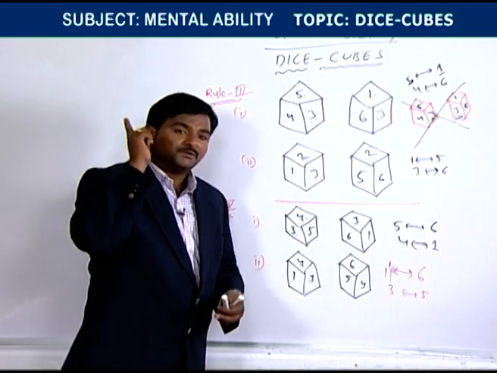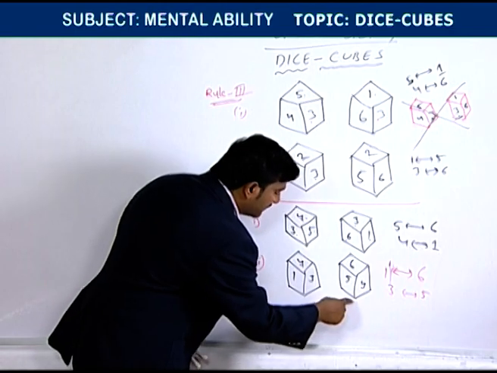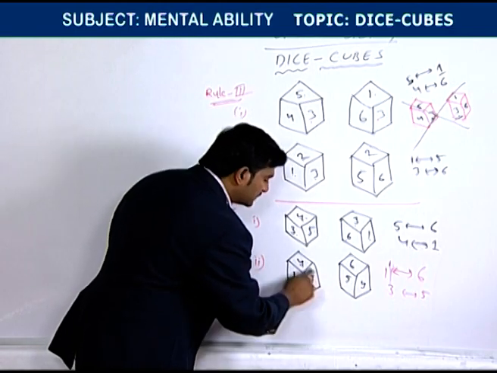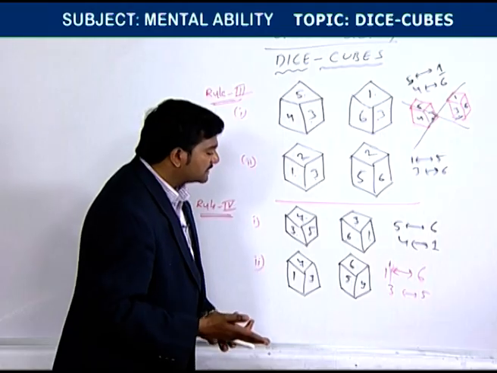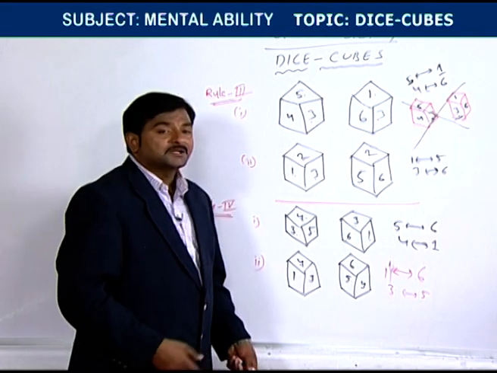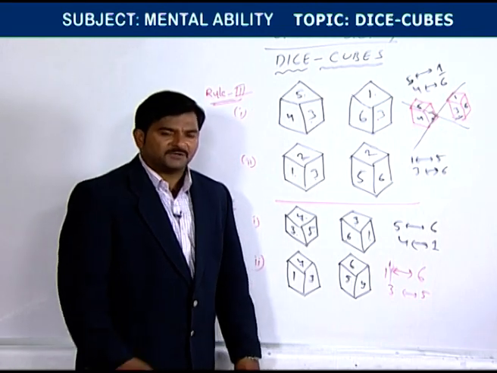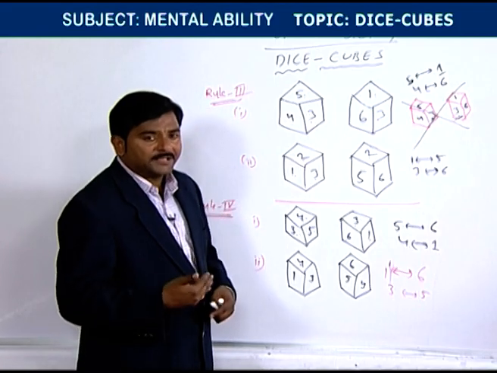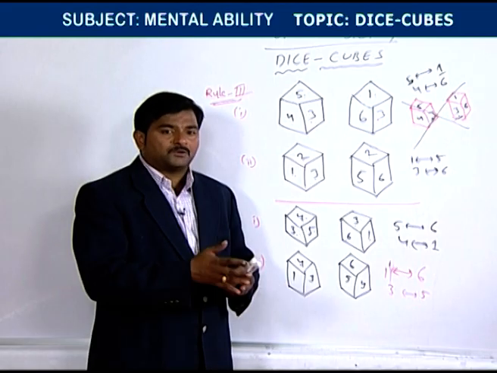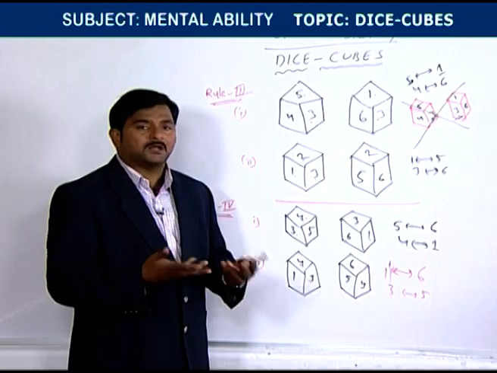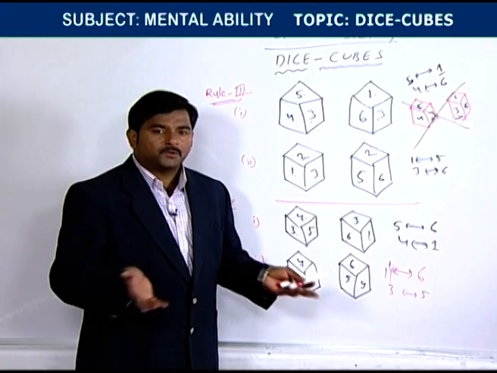Again by using rule 1, because one number is common, taking all the numbers adjacent to this 4, one number is left. Which number is left? 2 is left, hence 4 is always opposite to 2. If you have a little bit of an idea, you can apply rule 1, rule 2, rule 3 together, all 2 or all 3 or any 2 together.